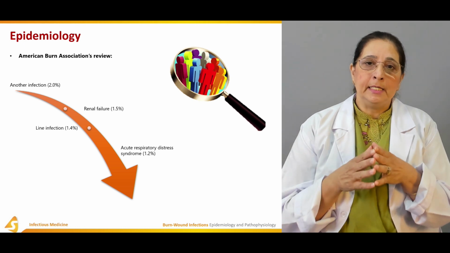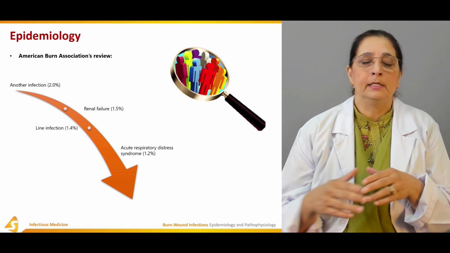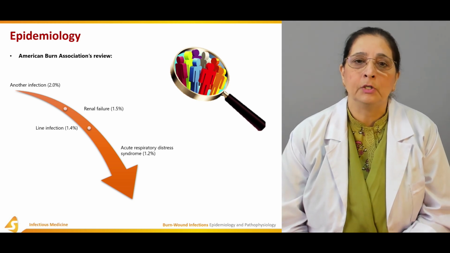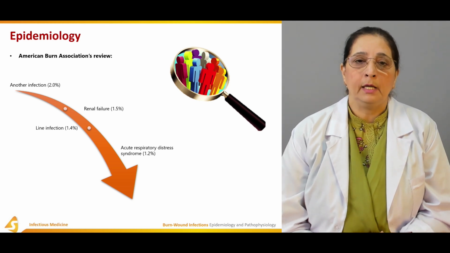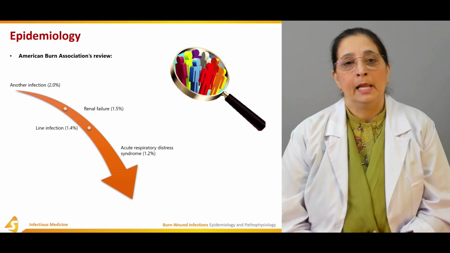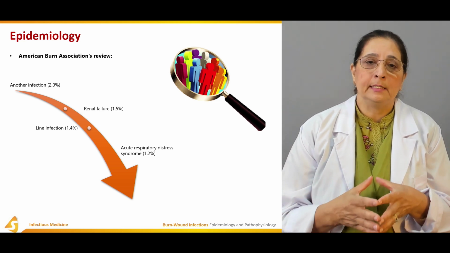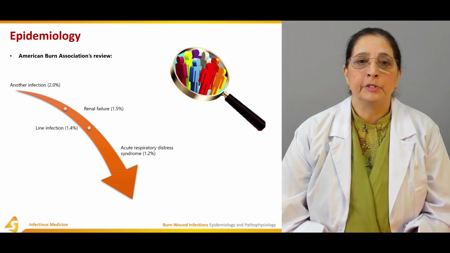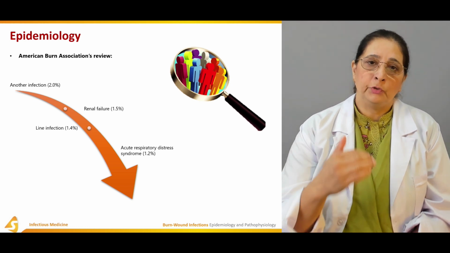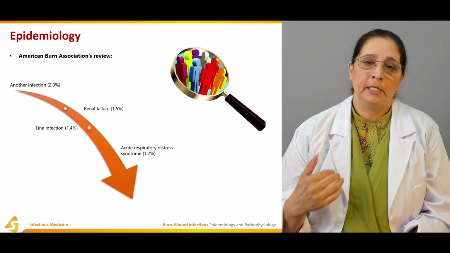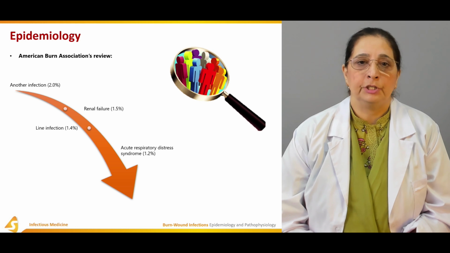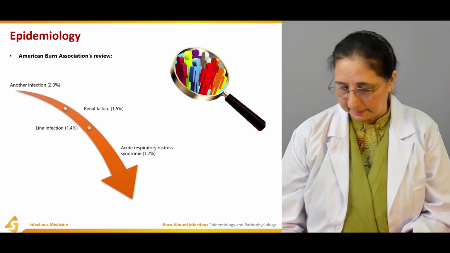So we can see a lot of different complications can occur as a result of burn wound infections, and these statistics are according to the American Burn Association, and they show you what percentage each complication is present in different patients who have burn wounds.